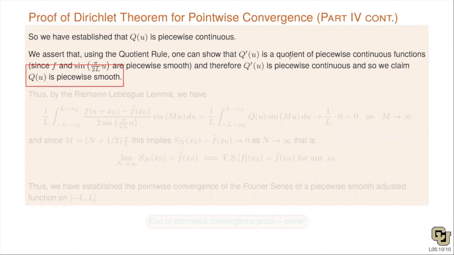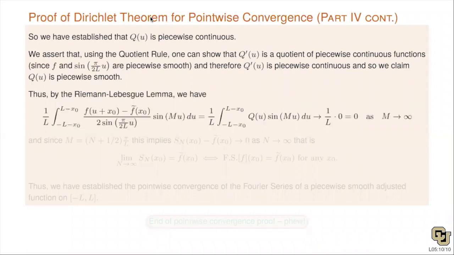Having said that, if you accept that, then by the Riemann-Lebesgue lemma, remember we wrote that the partial sum of the Fourier series evaluated at x sub 0 minus the function f evaluated at x sub 0 is this integral right here. This integral is the partial sum minus its target.